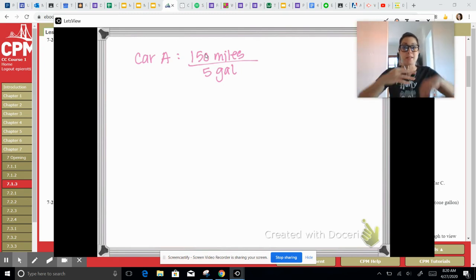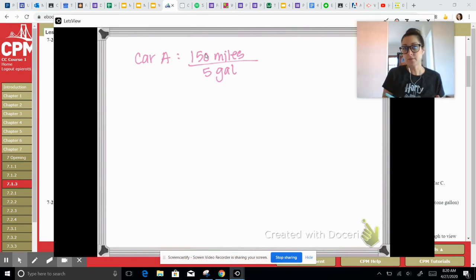And since money was the big thing that was being divided amongst each item to find out how much each item cost, kind of the same idea here, except miles is the big amount that we are dividing amongst each gallon, and we're trying to figure out how many miles we can get per gallon.